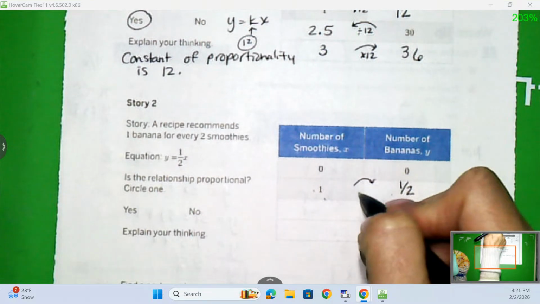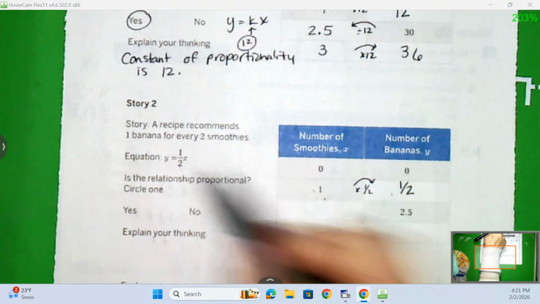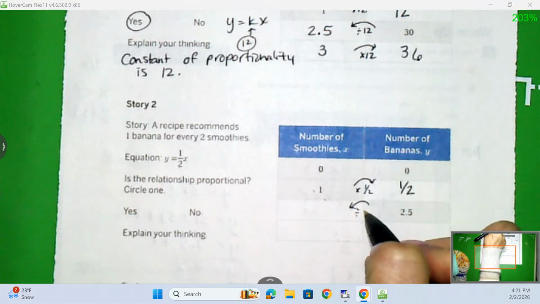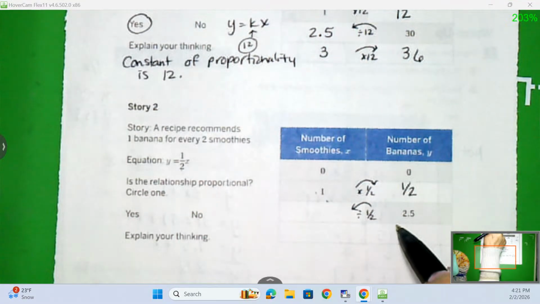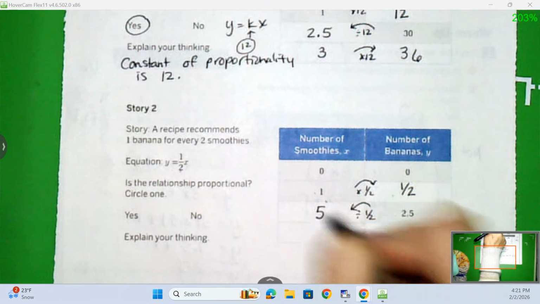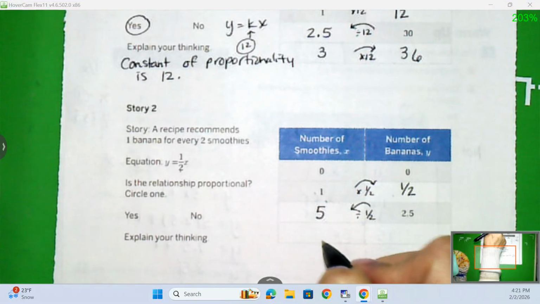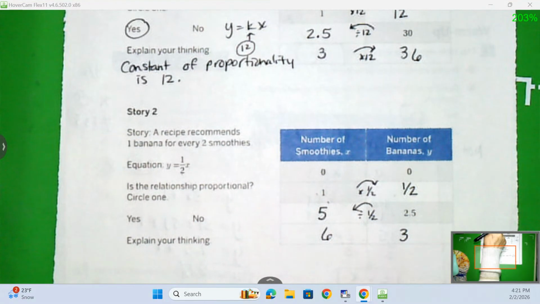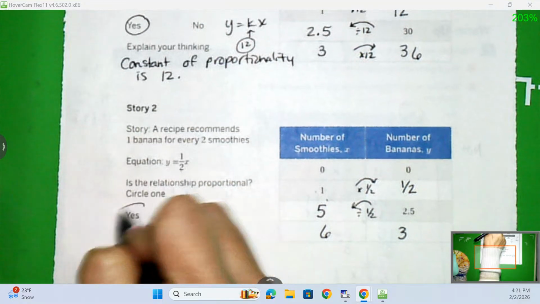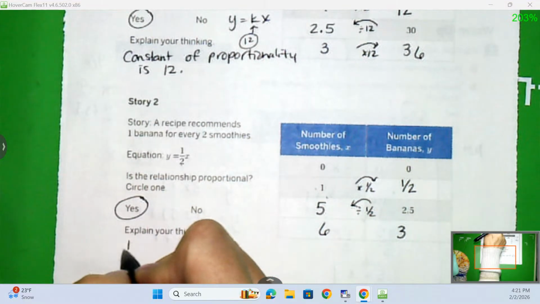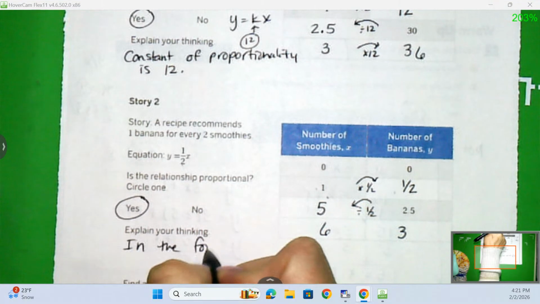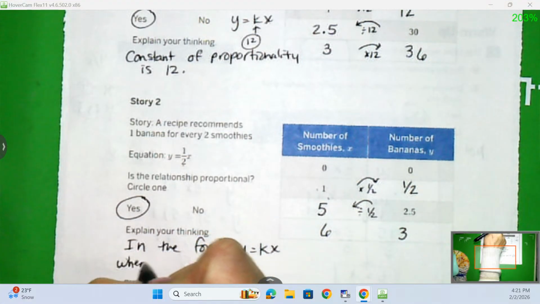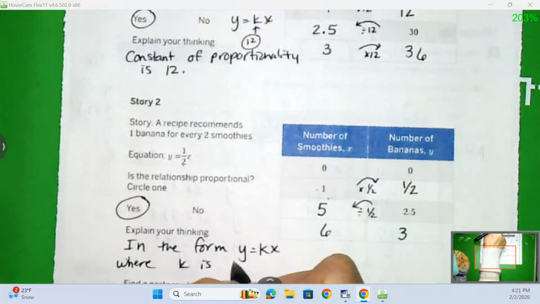We are multiplying by 1/2, which is the constant. In the other direction, we're dividing by 1/2, or 0.5. So this will be 5. Then you can pick any number you want. I'm going to pick 6 because I know half of that is 3, to complete my chart. Yes, this is proportional. It is in the form y equals kx, where k is 1/2.